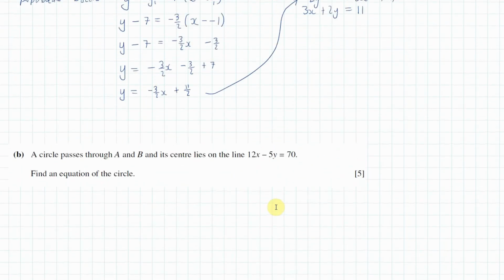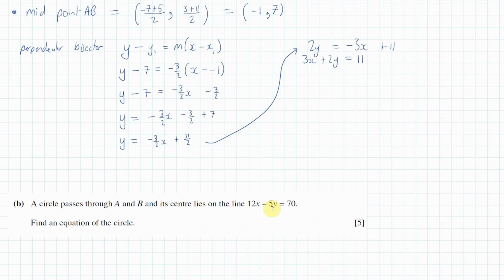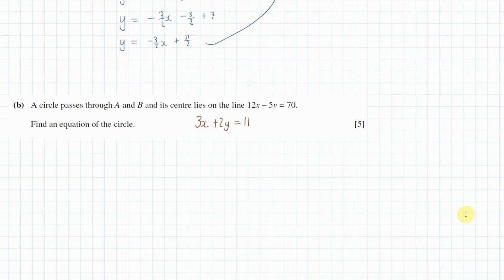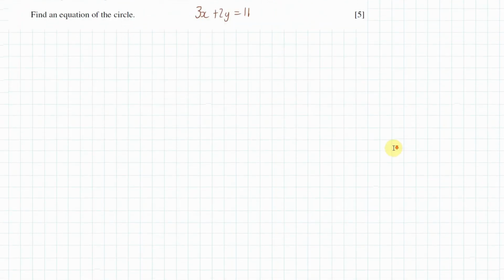Well, if you think about it, we also know that what I just found, the perpendicular bisector of A and B, equals 11, not 1, that also is going to give you a line that passes through the center of the circle, and here's why.